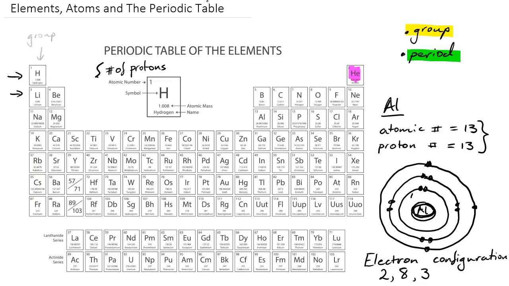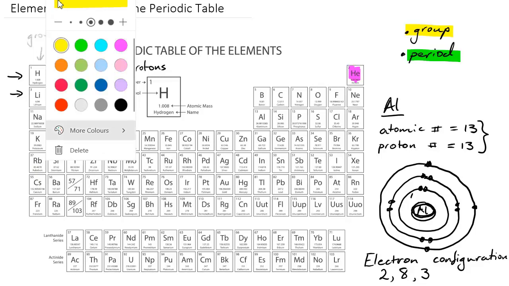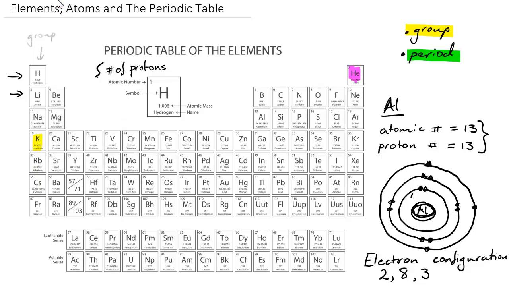Potassium is this element here, and so we can see that it is actually in the 4th period. So it's 4 rows down. That allows us to understand the structure of the electron shells around the nucleus. So potassium has 4 electron shells.